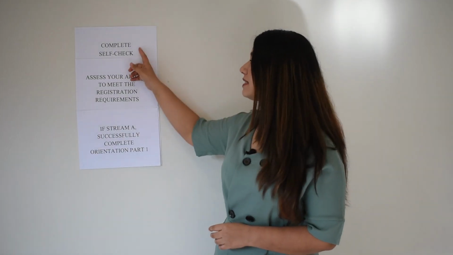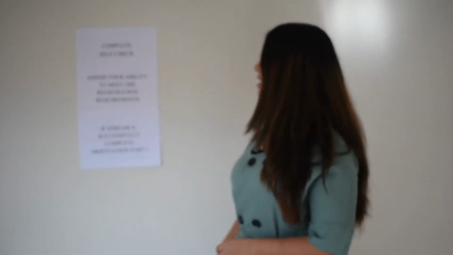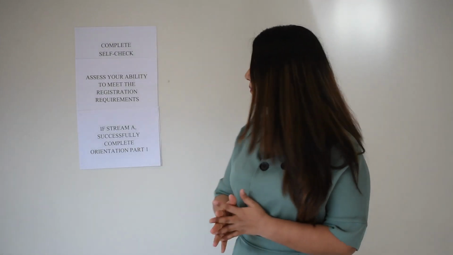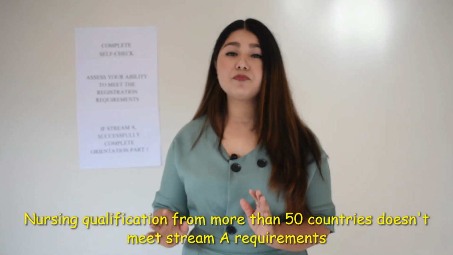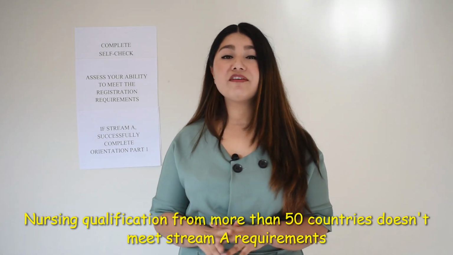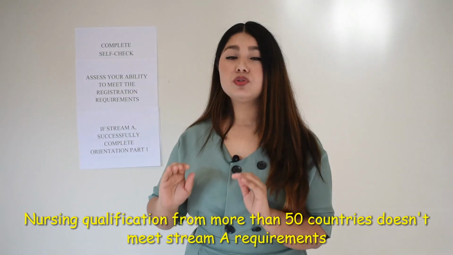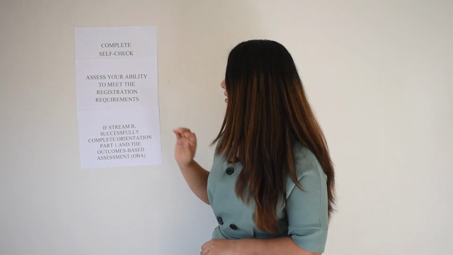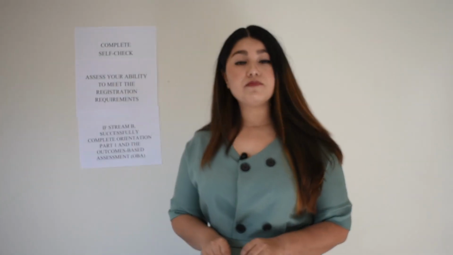First of all, complete the self-check to assess your ability to meet the registration requirements. Then, if you are in Stream A, you can successfully complete orientation part 1 and then just register with APRA. It's a simple process. But there are more than 50 countries that cannot go through Stream A, so they will have to go through Stream B. In Stream B, they'll have to complete orientation part 1 and go through outcome-based assessment, which is MCQs or NCLEX RN, and then do the OSCE.